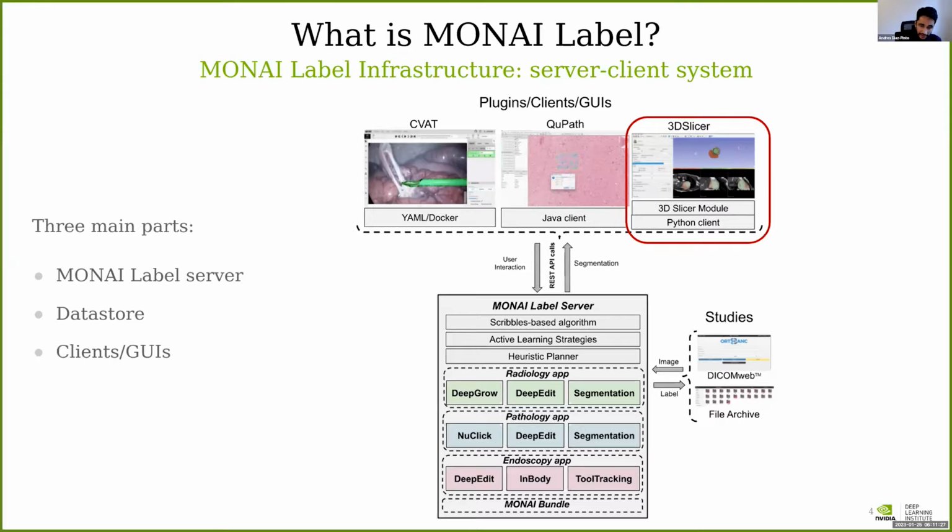But this is one part of MONAI Label, managing the data store. The other bit is the plugins. So for each type of application, we have, again, the different viewers. We have 3D Slicer, QuPath, or CVAT for endoscopy, right? Those are the three main parts.